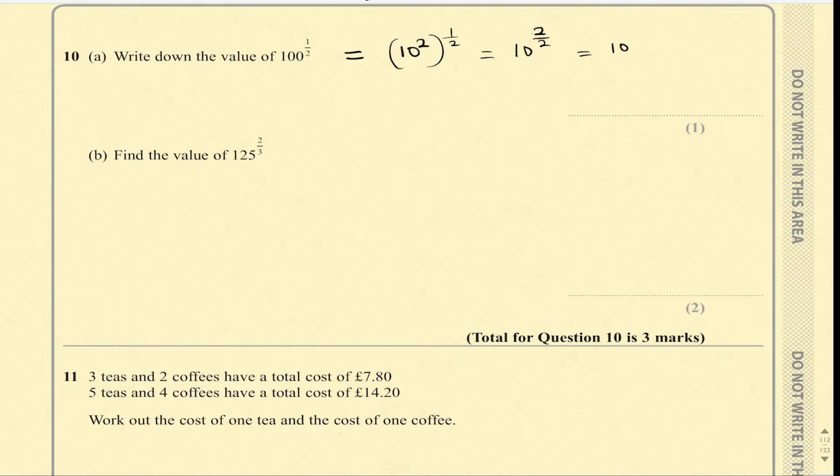So that will be 10 to the power 1, which is 10. Another way to write this is the square root of 100, which is 10. So that's quicker. So the answer is 10.